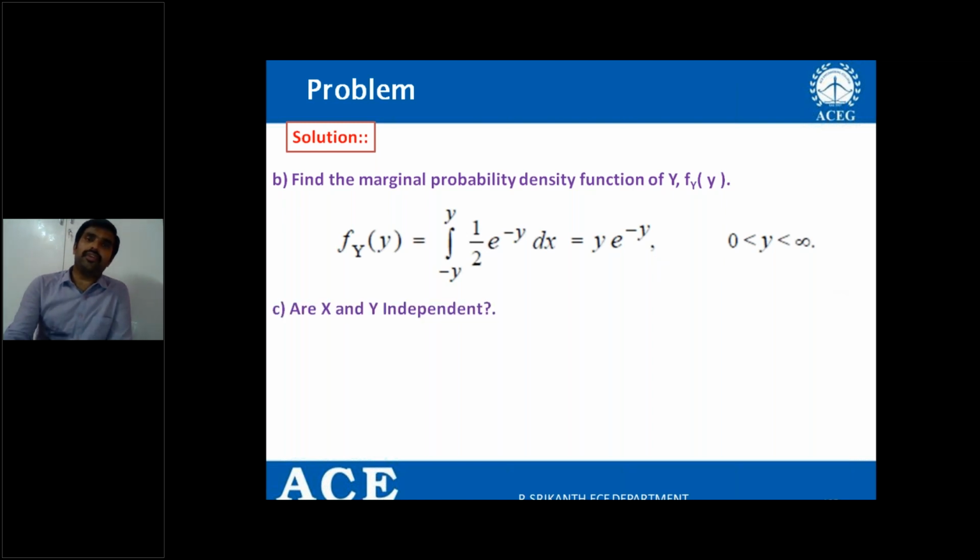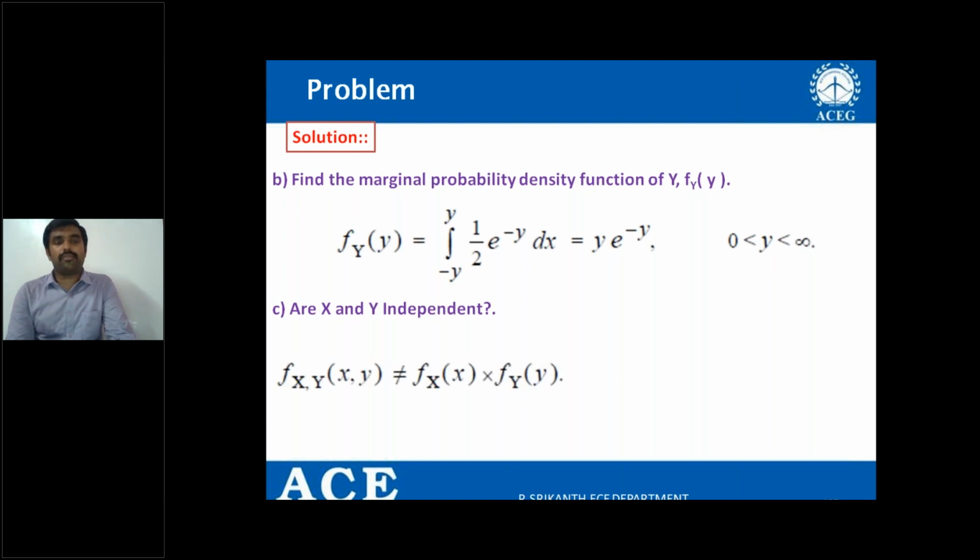What is the condition for statistical independence? Always, the joint density function is equal to the product of the individual or marginal density functions. Am I clear? So f x comma y of x comma y must be equal to f x of x into f y of y.